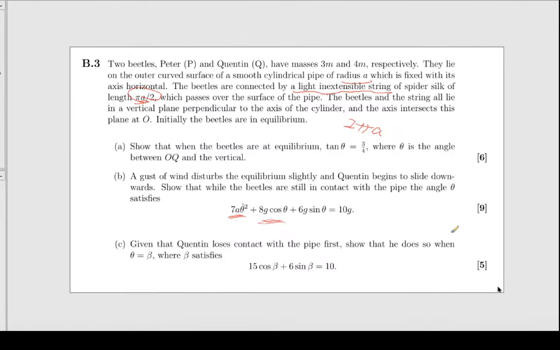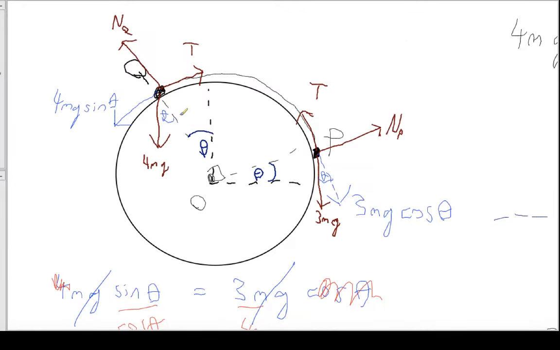All right, the last bit of the question wants us to consider when Quentin loses contact with the pipe. Okay, how does that look different from when they are in contact with the surface? Well, if he loses contact with the pipe first, the next state of our system is going to look like this: he has moved downwards, so he's going to be like here.